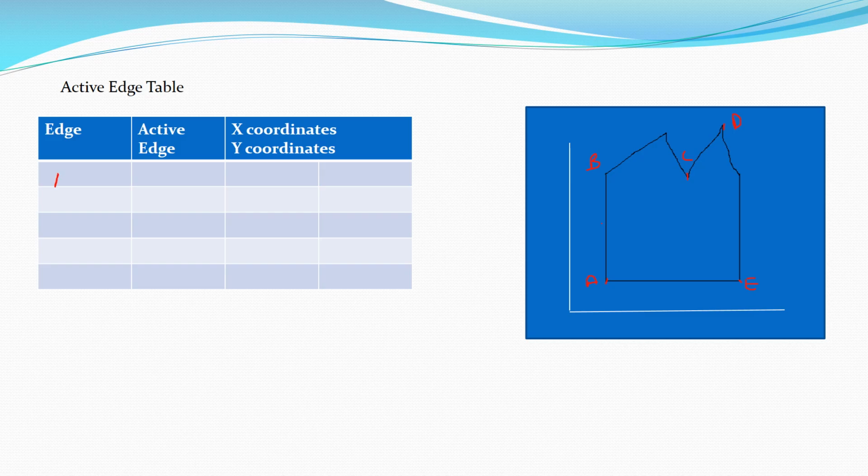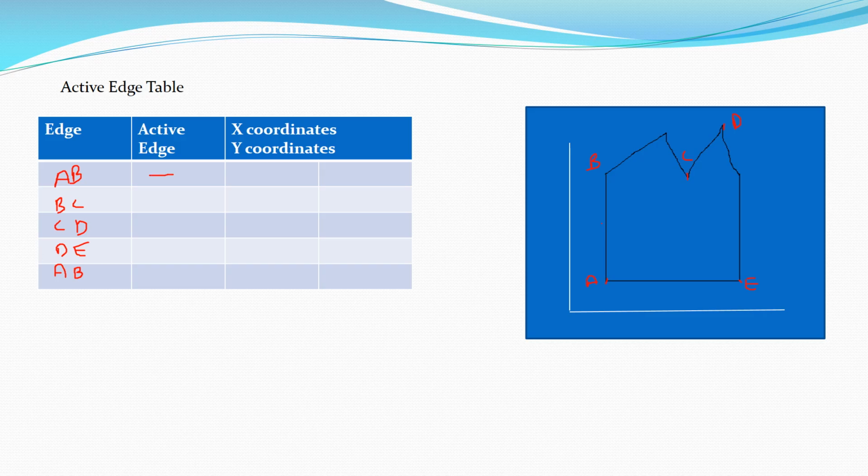Here the edges, meaning the vertex lines, are AB, BC, CD, DE and AE. These are the edges of the given polygon. Now how do we sort these, meaning the intersections? Now, what is the active edge?